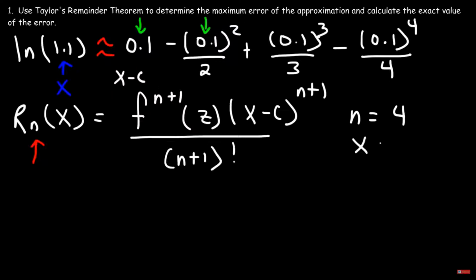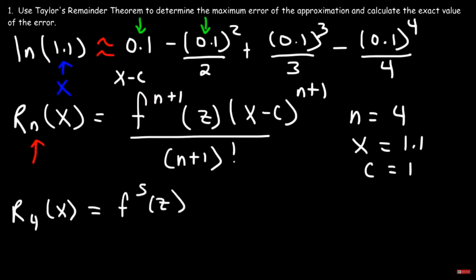So if x is 1.1, c has to be 1, because 1.1 minus 1 is 0.1. So we have R4 of x, that's equal to f of n plus 1, so that's f of 5 of z, times x minus c, c is 1, n plus 1 is 5, and then over 5 factorial.